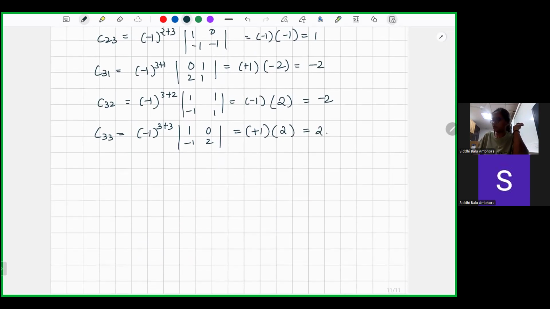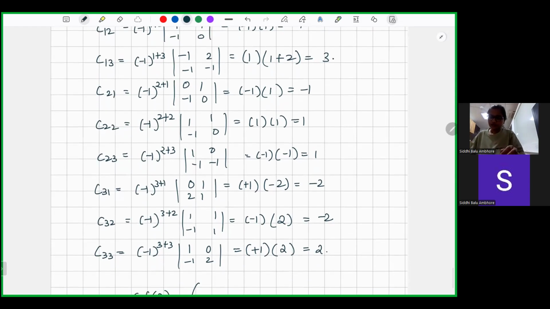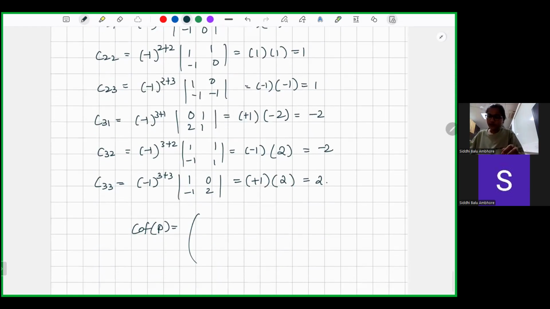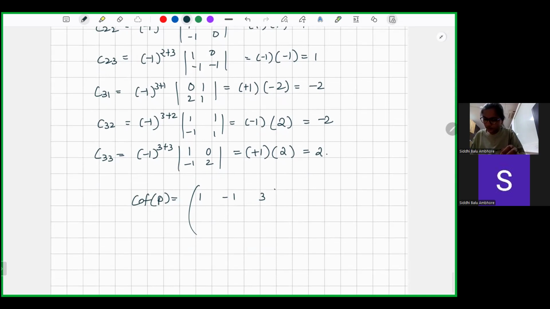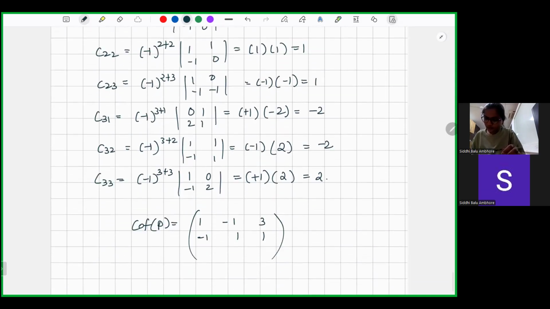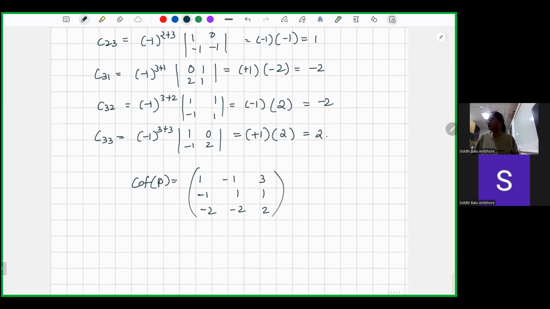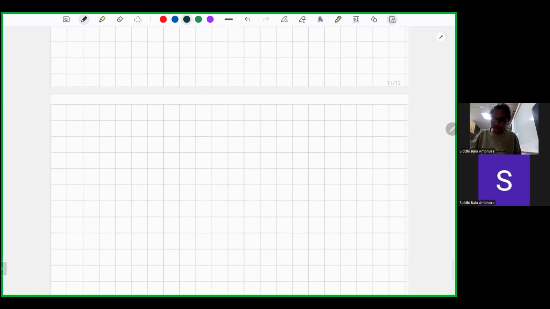So I get this cofactor matrix of P as this matrix: 1 minus 1, 3, minus 1, 1, 1, and -2, -2, 2. I hope I'm still correct. Here I have 1 plus 1. It's correct.